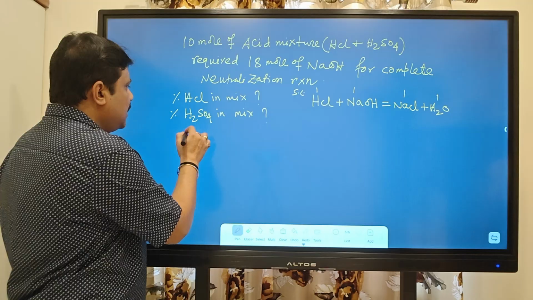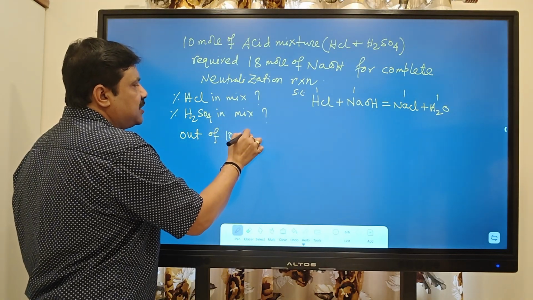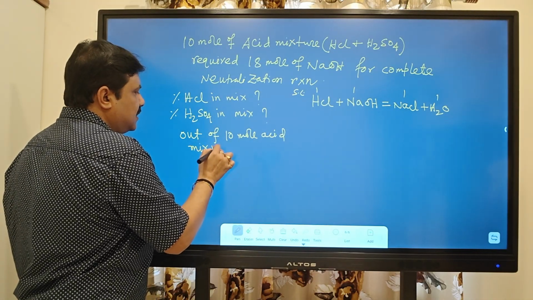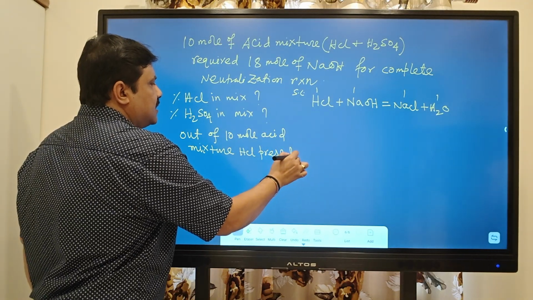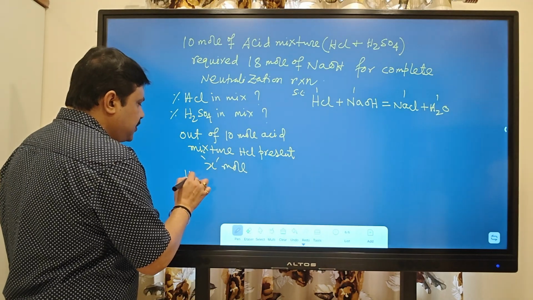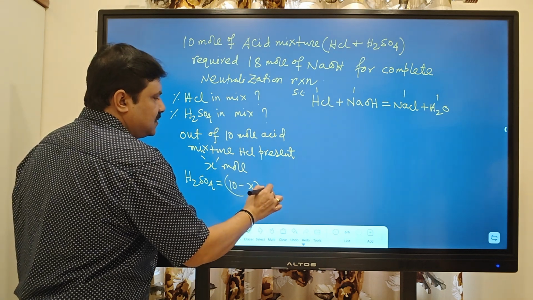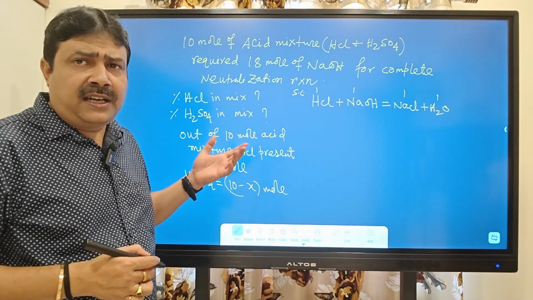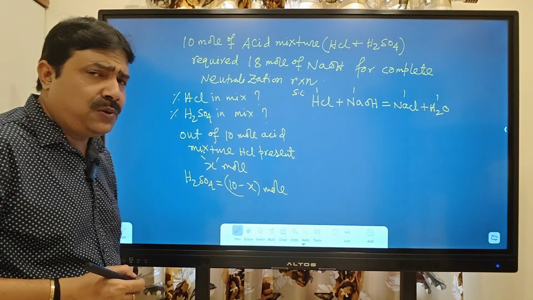I am taking the same: out of 10 mole of acid mixture, HCl present is x mole. So then by default H2SO4 will be equal to 10 minus x mole. Yes or no? Because if you add up both the acids, it should come to 10. So if x mole of HCl is there, then H2SO4 will be 10 minus x.